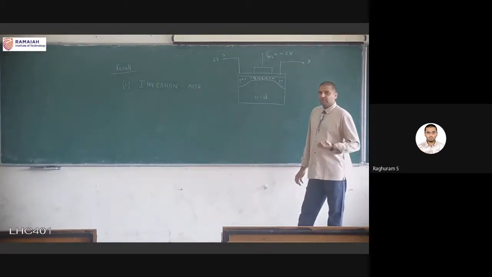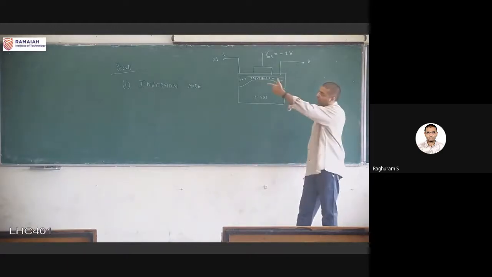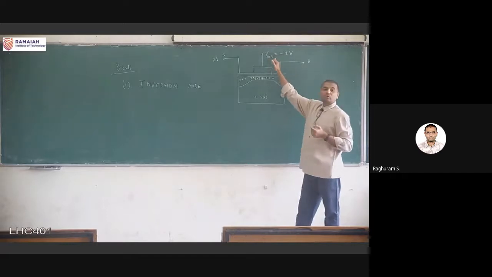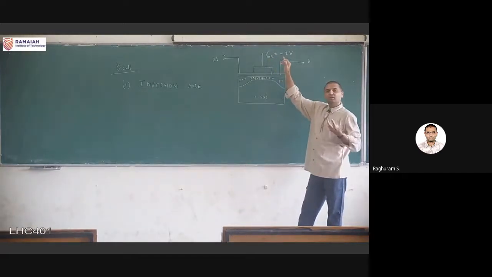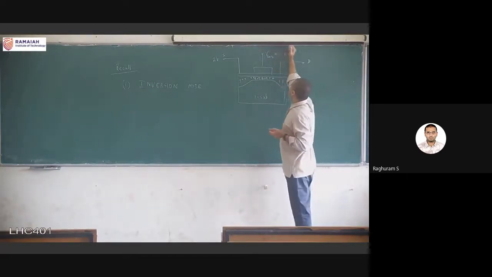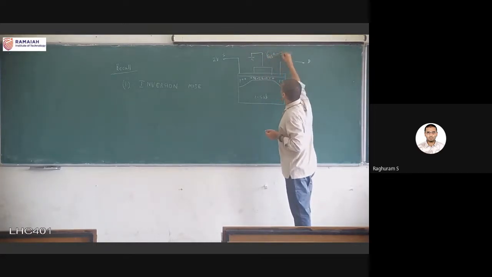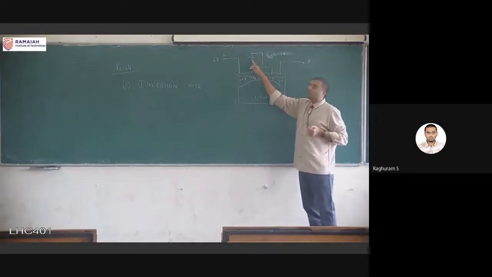To turn on this transistor, that is to go from off to on, inversion mode, we apply -2 volts. How do we get -2 volts? Very simple. Connect the gate terminal to ground.